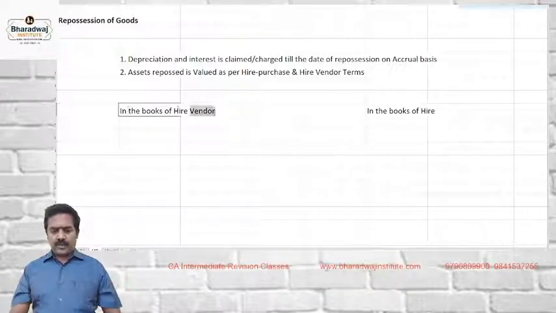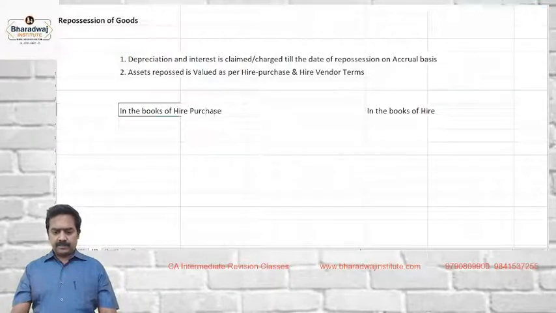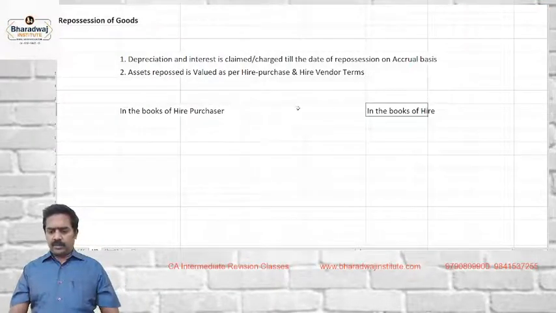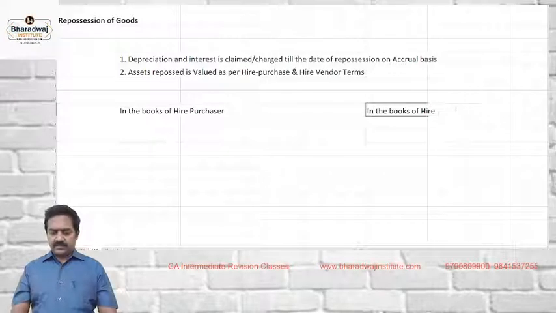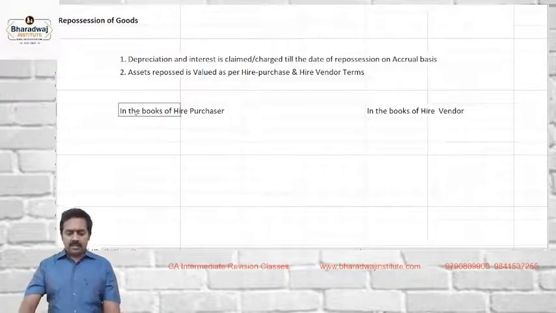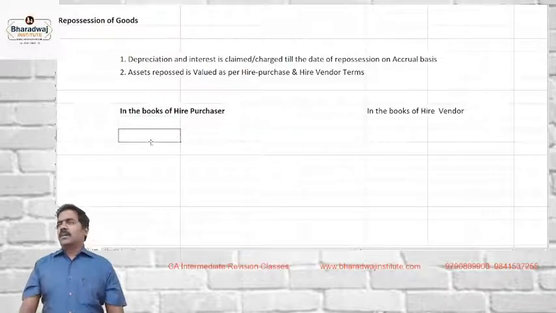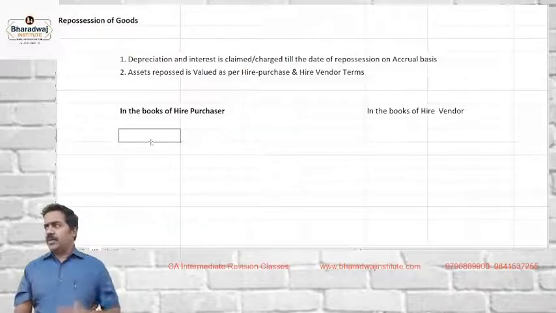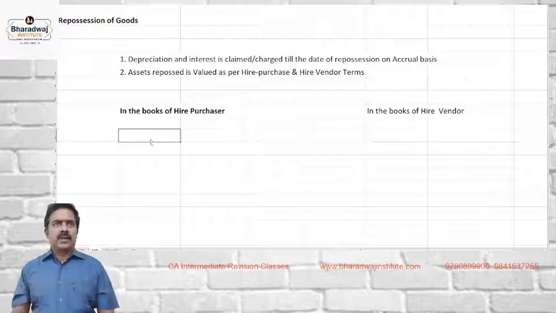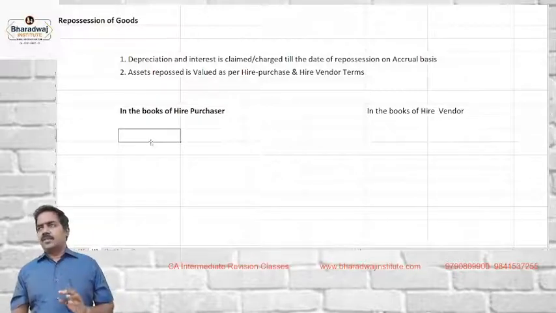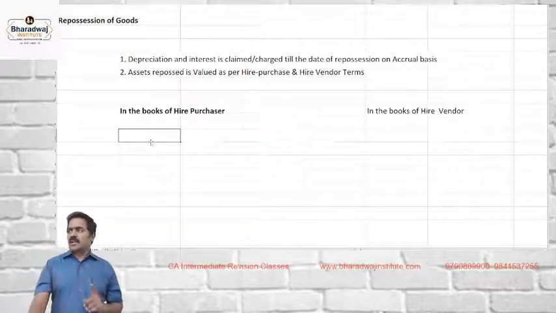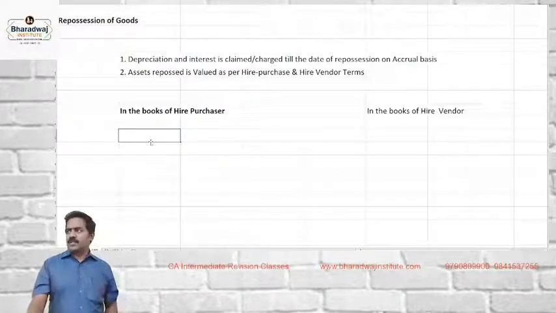In the books of hire purchaser, in the books of hire vendor. Pay attention. In the books of hire purchaser, let us assume we purchased about 10 machines. In these 10 machines, we were not able to pay one installment. Will they take over all the 10 machines?